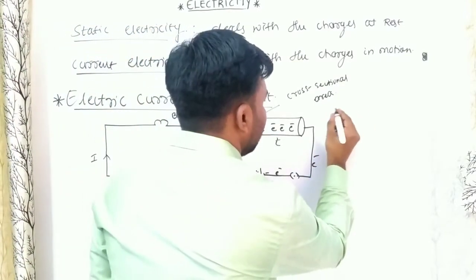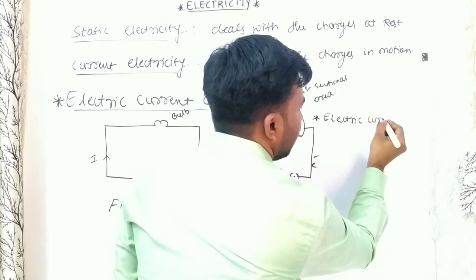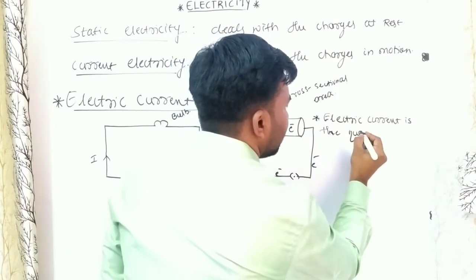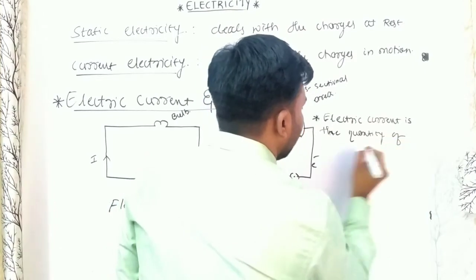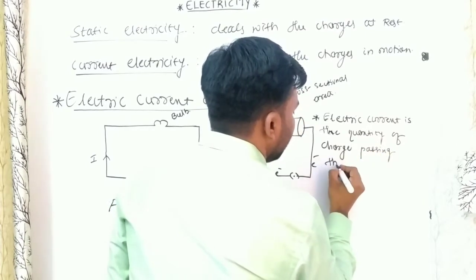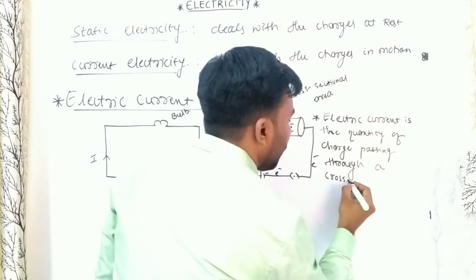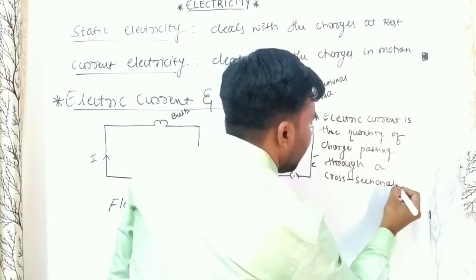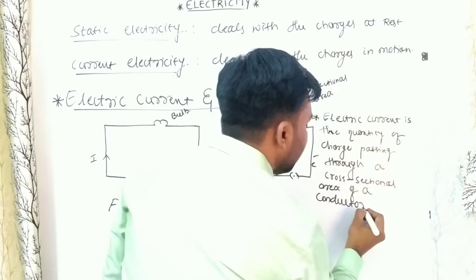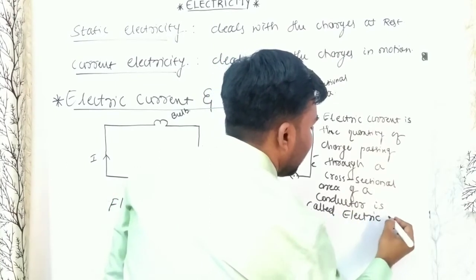Electric current is the quantity of charge passing through a cross sectional area of a conductor is called electric current.